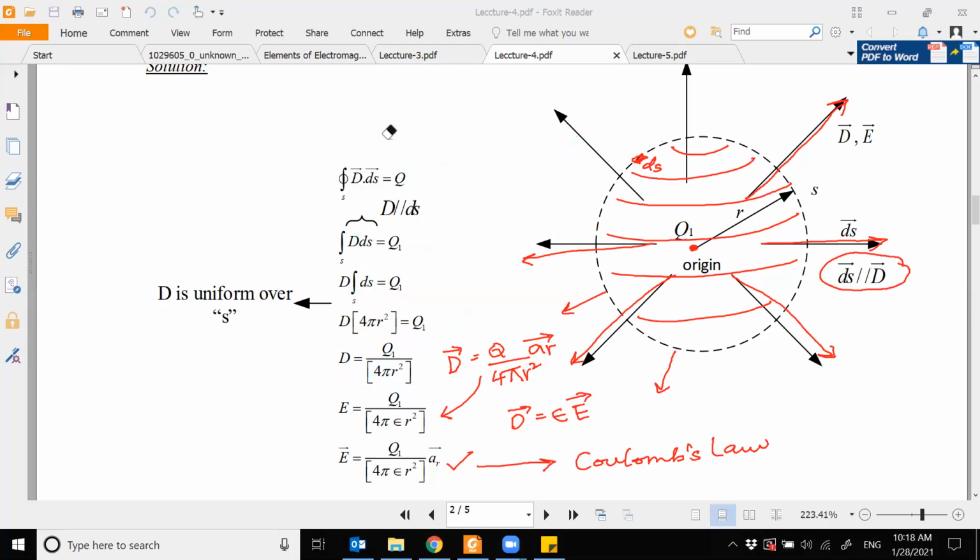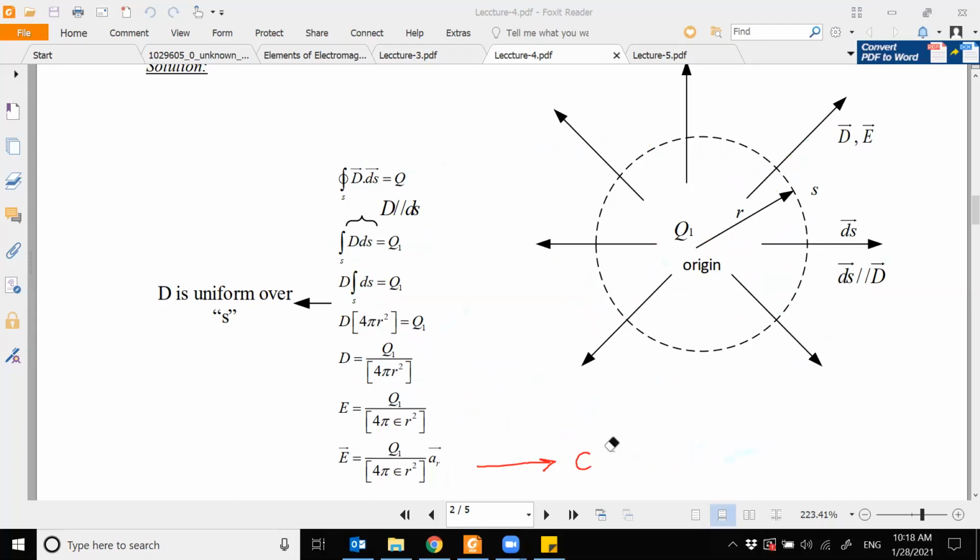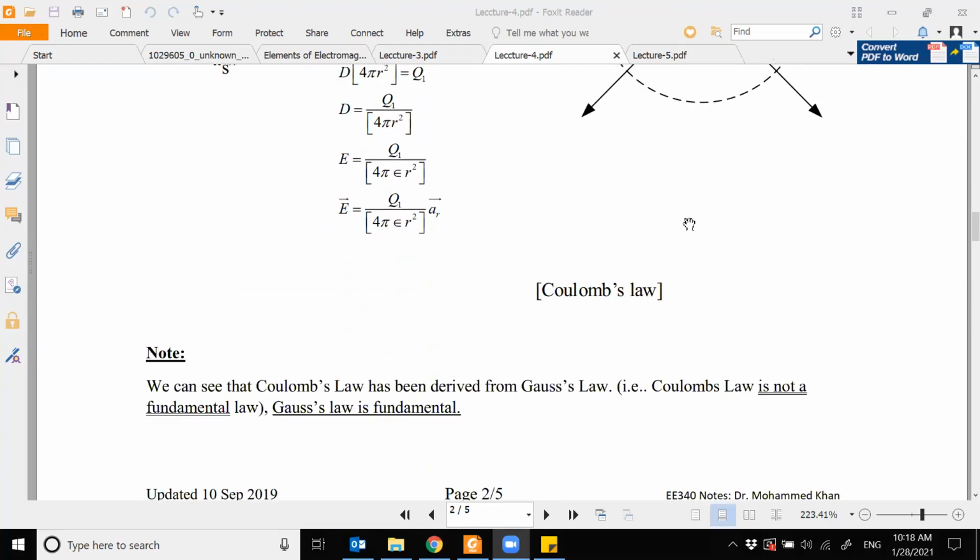We use the word fundamental laws for those laws which cannot be derived from any other law. Since we were able to derive Coulomb's law using Gauss's law, Coulomb's law is no longer a fundamental law, and therefore Gauss's law is the fundamental law.